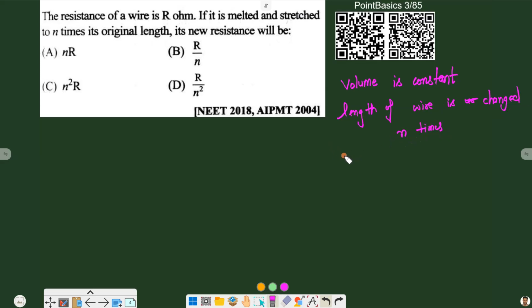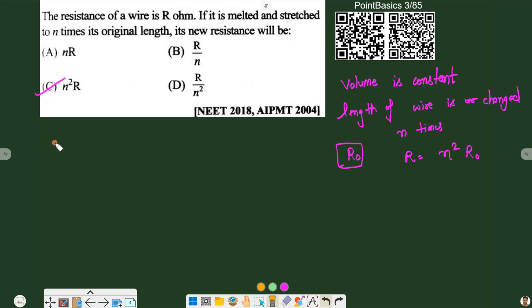If its original resistance was R node, then new resistance is equal to n square times R node. So its answer will be option C, and we will solve it properly mathematically also. So let's do that.